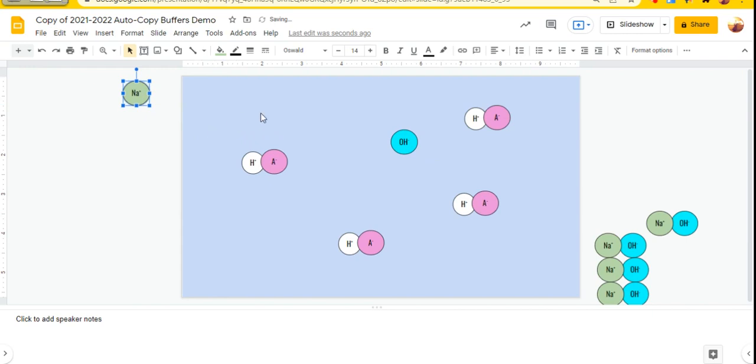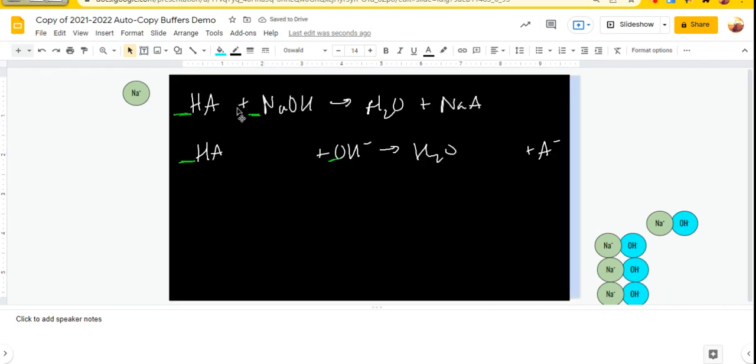Now, I'm going to focus on just the added hydroxide. The sodium is a spectator. It's floating around in solution. But as I add the hydroxide, the HA is there to neutralize it and form water and, yes, a salt. But again, if we're just focused on the important things, the conjugate base, which is part of that salt.